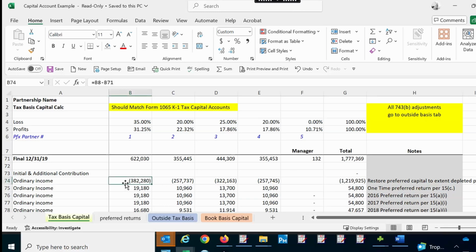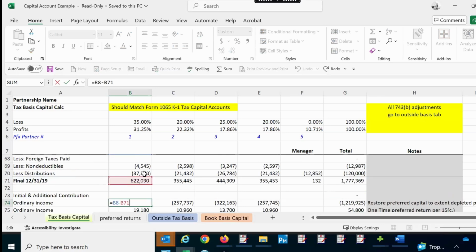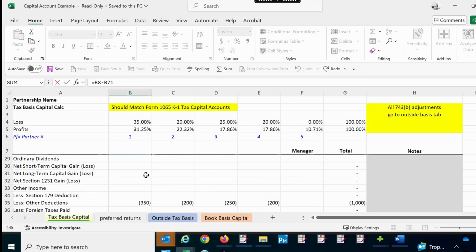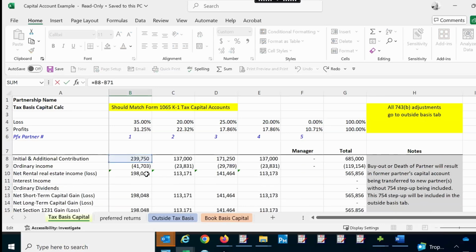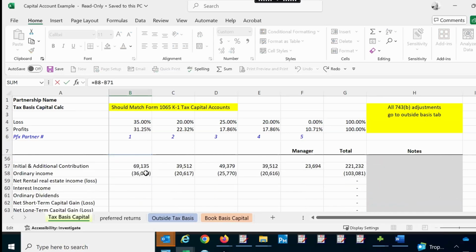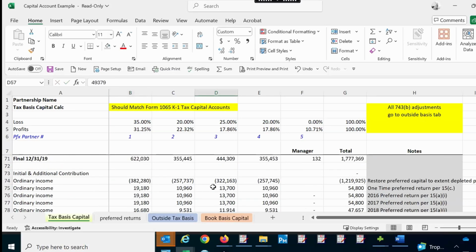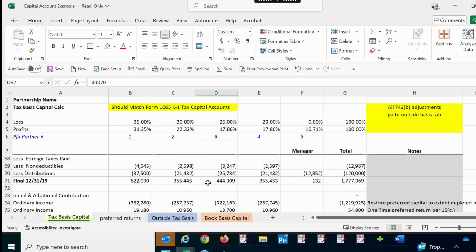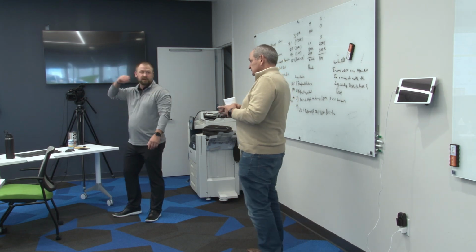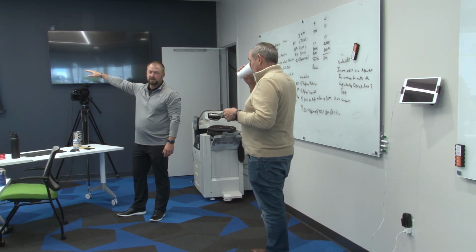There was losses allocated to those folks which hurt their capital and took it down. So the next income that comes back in has to restore their capital back to where it originally was. So the 1,000,003 of losses that was allocated to the preferred capital line, he has to now take a step forward with income.